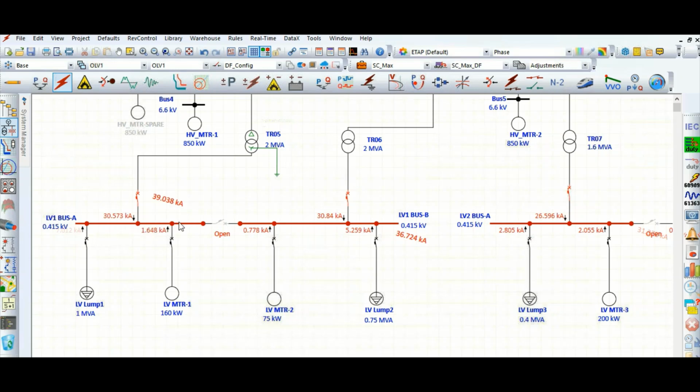With this incoming fault current contribution, this is 30.573 kA, and this is the bus fault level, 39.038 kA. And what is the fault contribution by this 160 kilowatt motor? This is 1.648 kA.